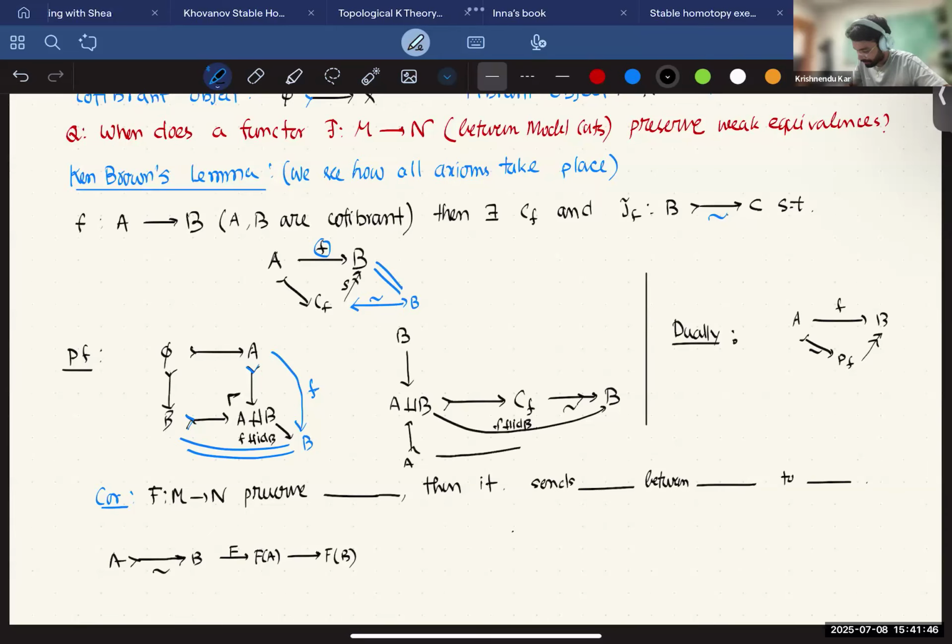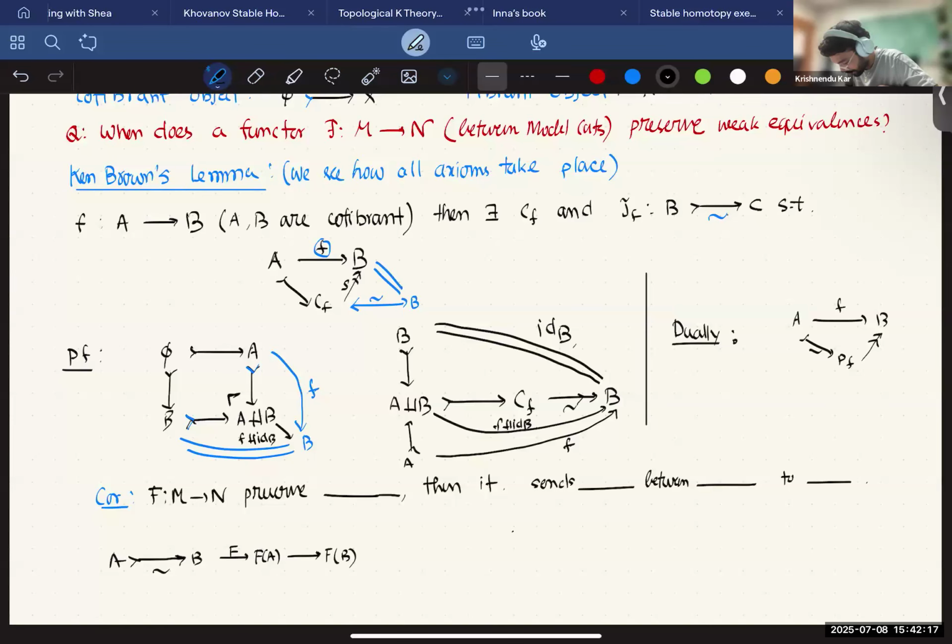A to B, we have the map F, and from B to B, we have the map identity B. Taking the composition, this is also a cofibration.